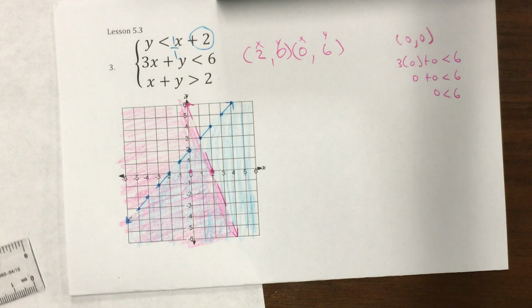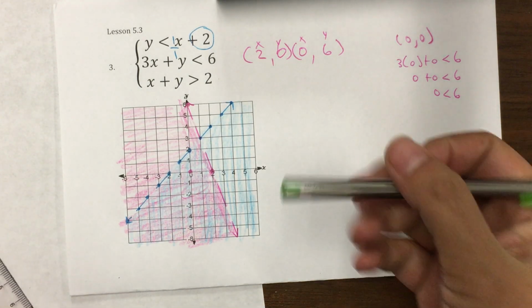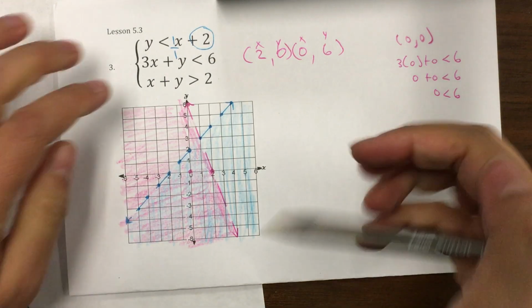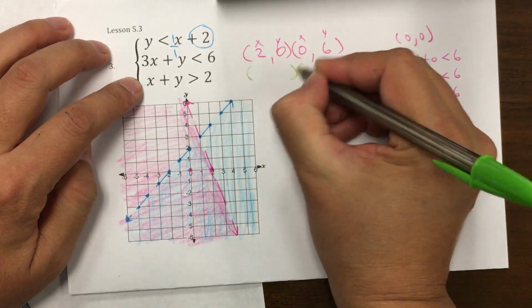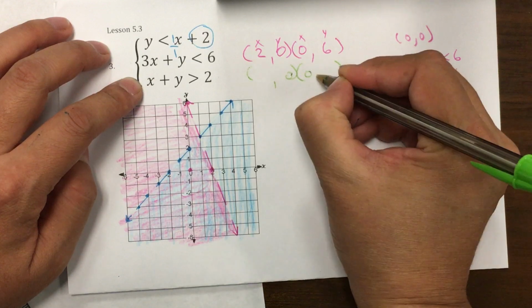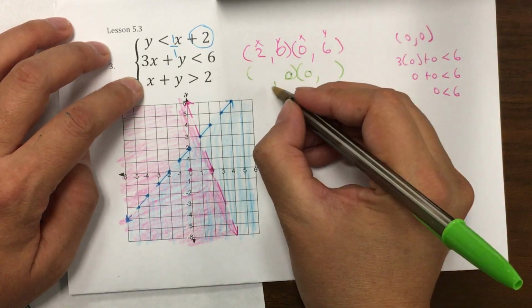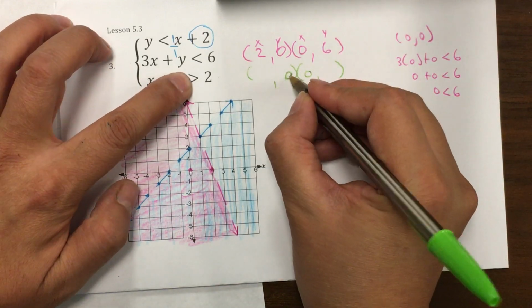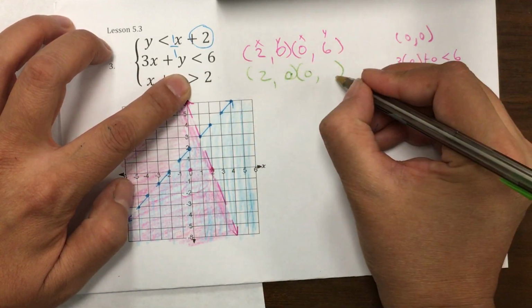Okay, one more line. And I'm going to use green now. Again, this is in standard form, so I'm going to need my intercepts. When y is 0, x is 2.